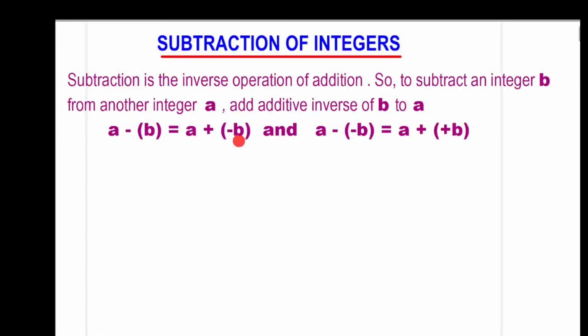Additive inverse of b means what? Minus b. So a plus minus b. Similarly, here it is a minus minus b. So when we are subtracting a number, that means we have to add the additive inverse of that. So what is the additive inverse of minus b? It is plus b. Then you have to give plus here.